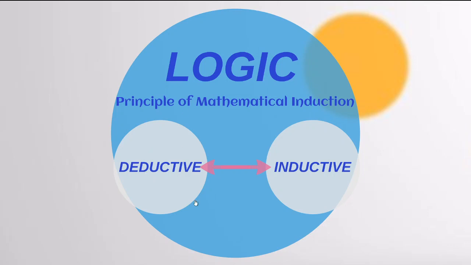We cannot always use deductive logic because we need information. Suppose we don't have the information, then we have to make observations. But making observations and concluding from that is not always a good idea. So we need a mixture of deductive logic and inductive logic to make it a solid proof, and that is what the principle of mathematical induction is.